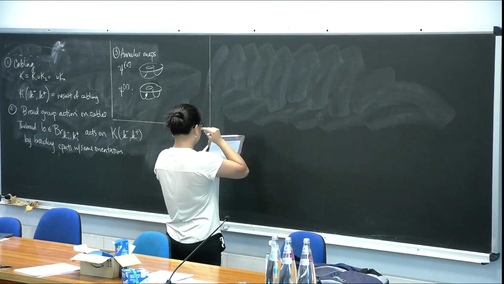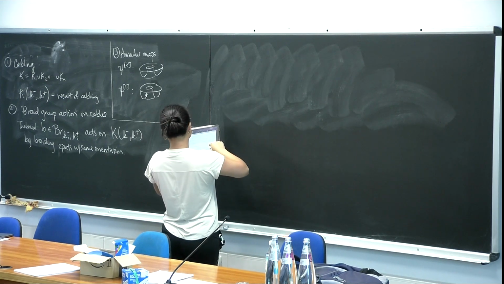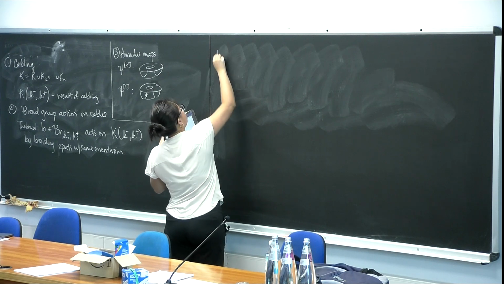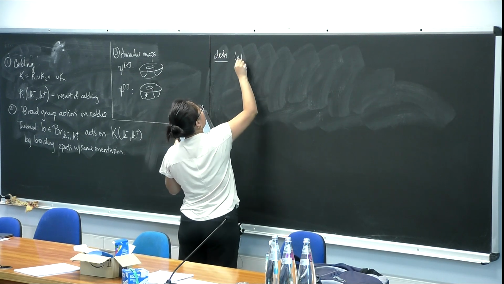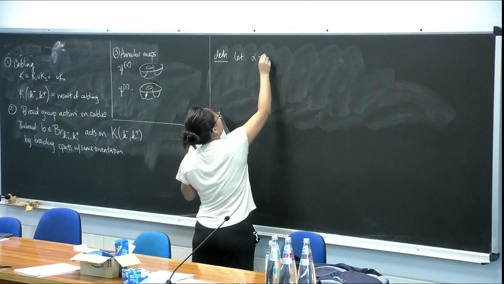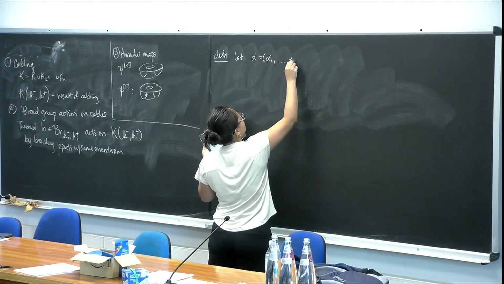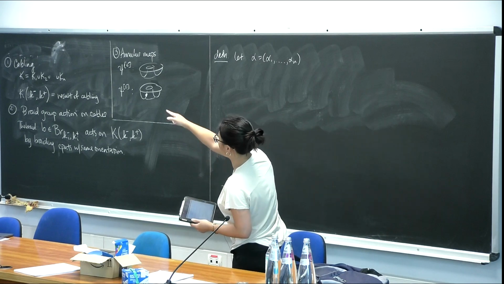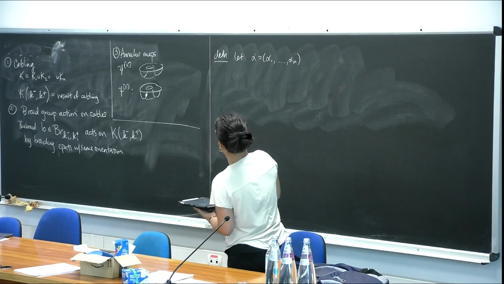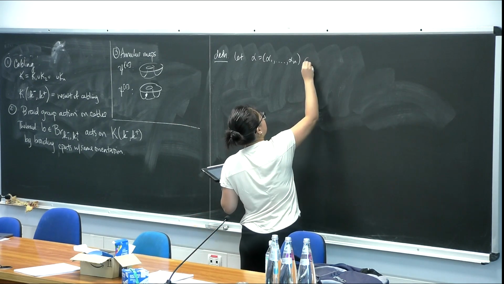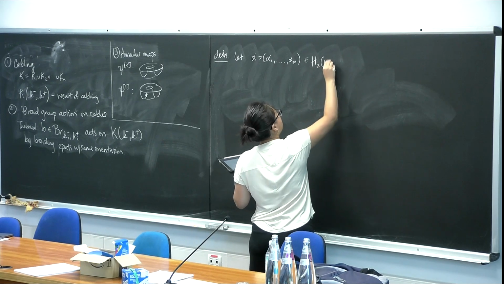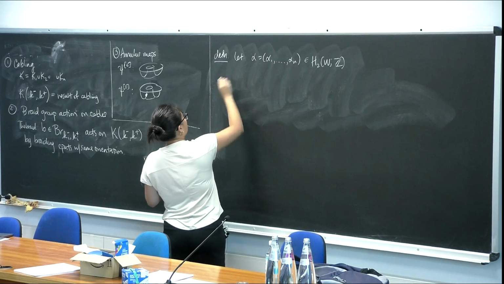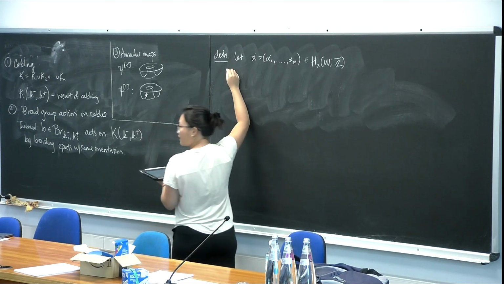I can write down, I guess it's a definition, so I'll write definition. So let alpha be some homology class in the 2-handle body W, Z. Okay, and here's something interesting. You have to have a starting point.